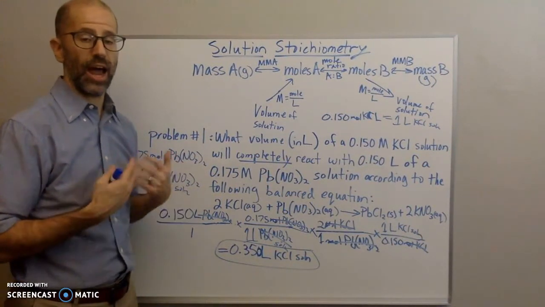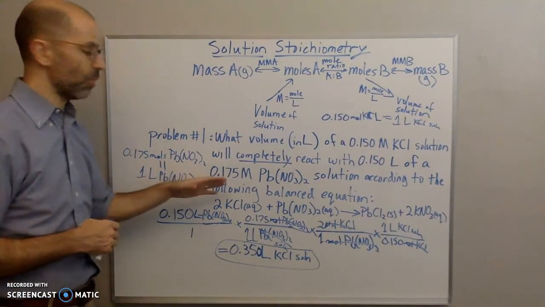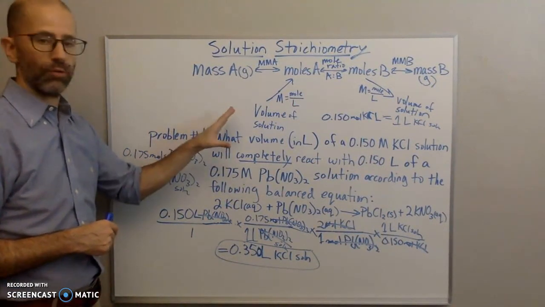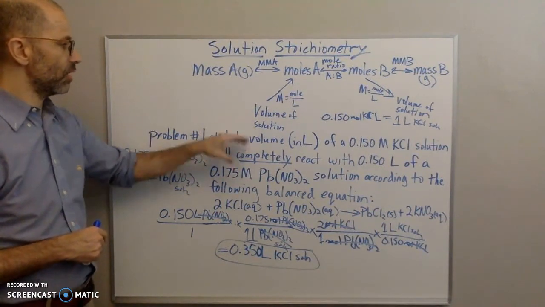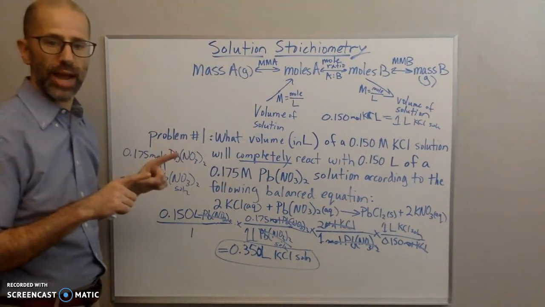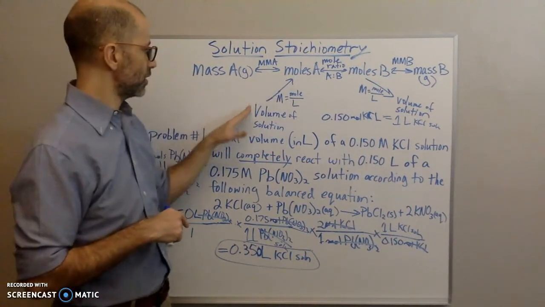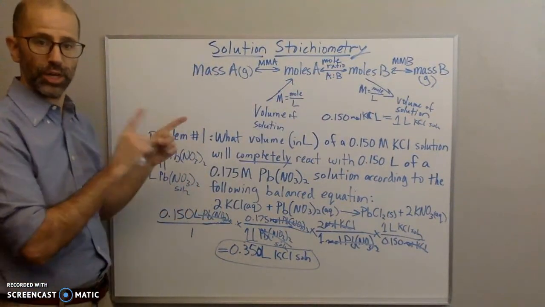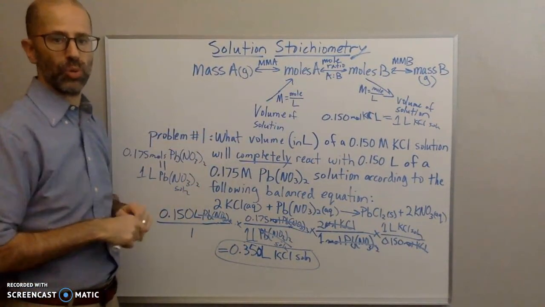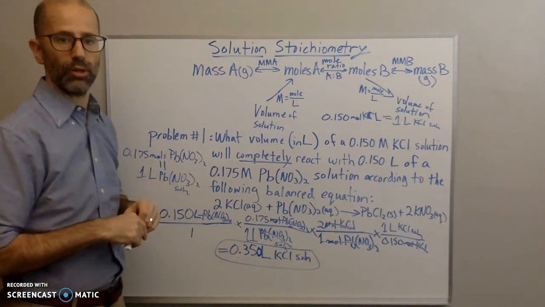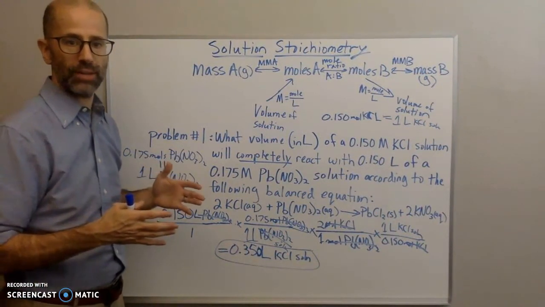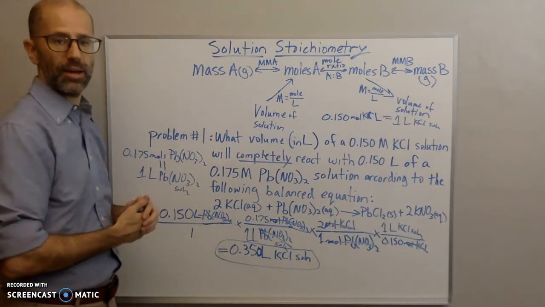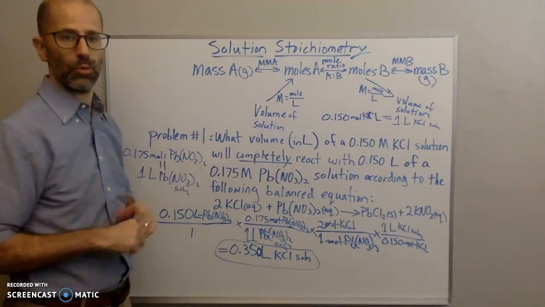And so in that case, I would have to figure out which one is the limiting reagent, and I would have to go through the steps of going from, say, the volume and the molarity of my 2 reactants, and then go through the process of getting to moles or mass of my product for each reactant, and then seeing which one gives me the lower amount of product. But we didn't have to worry about that because of the fact that we're being told that it's reacting completely. So we don't have to worry about that.